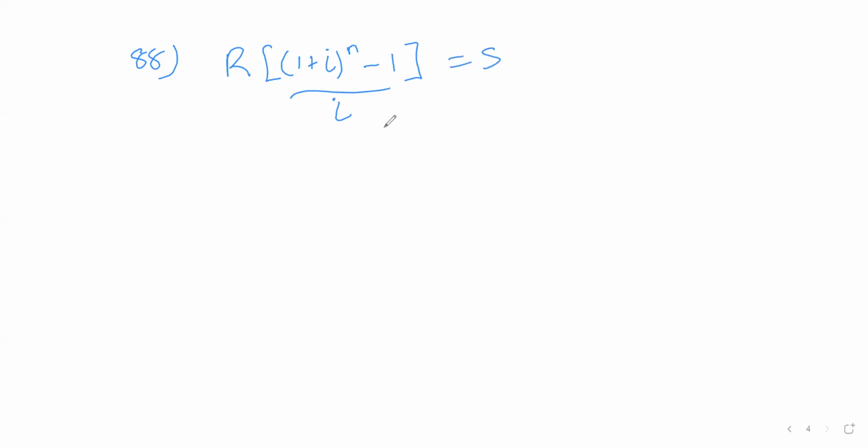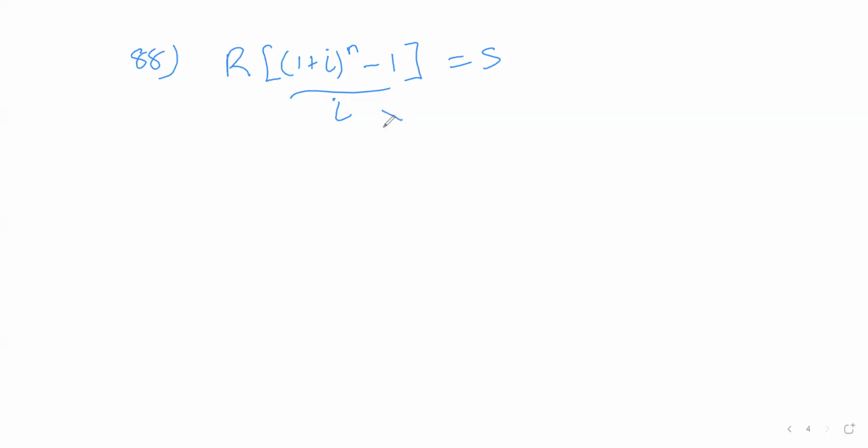We are solving for R, all right? So the first thing, we want to isolate R. Solving for something means isolating it, moving everything else to the other side and leaving that particular variable on one side.